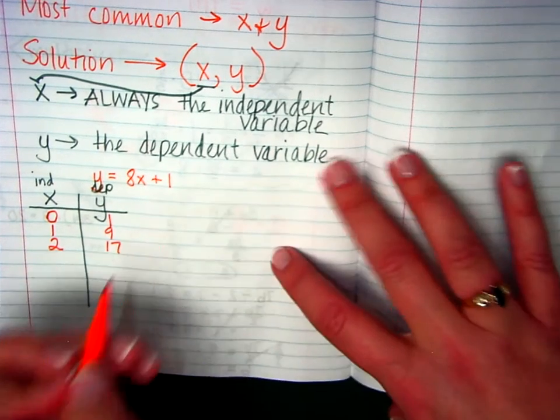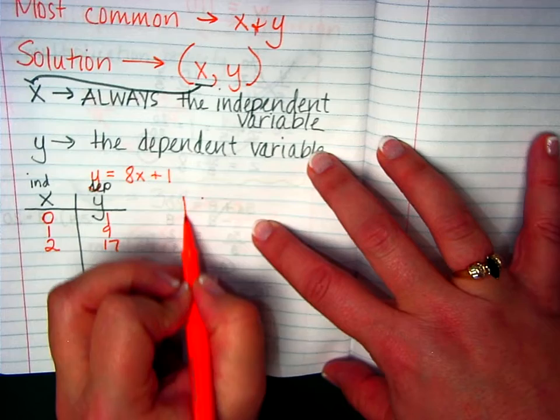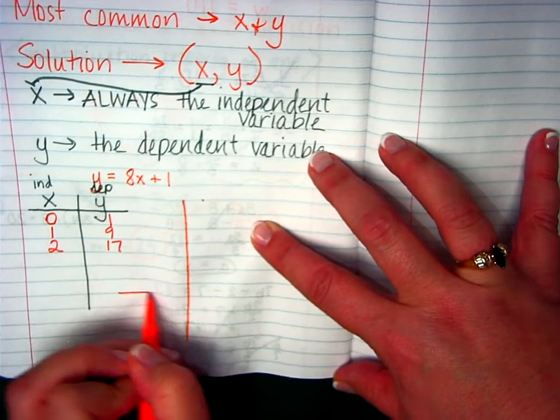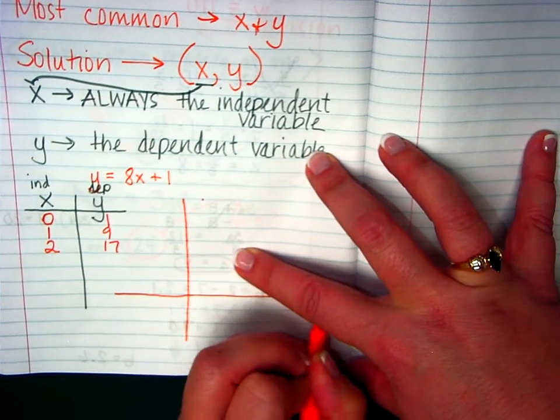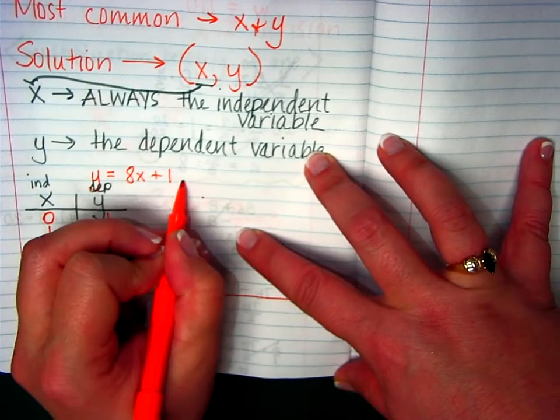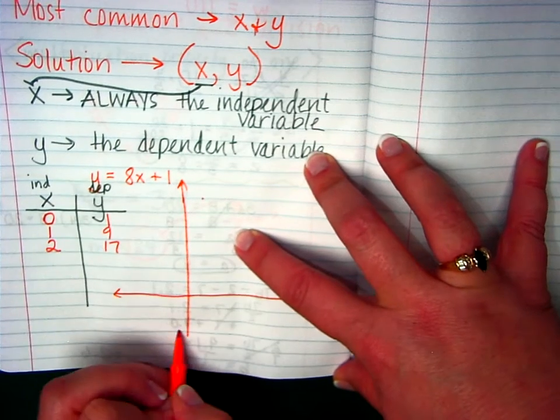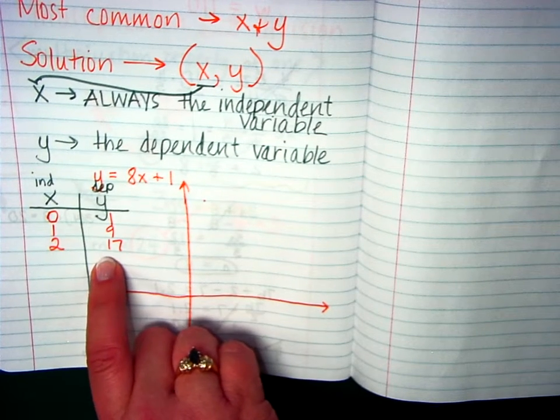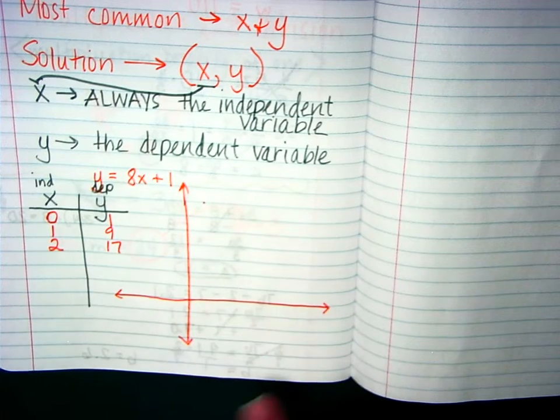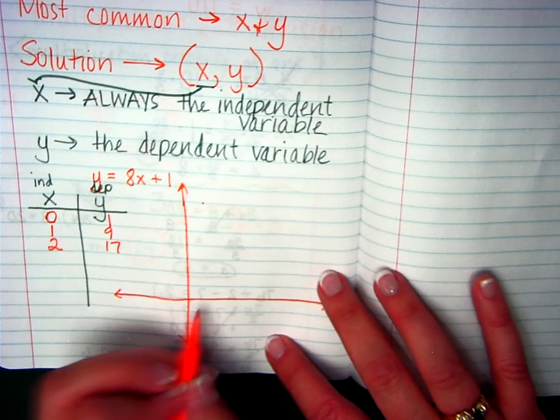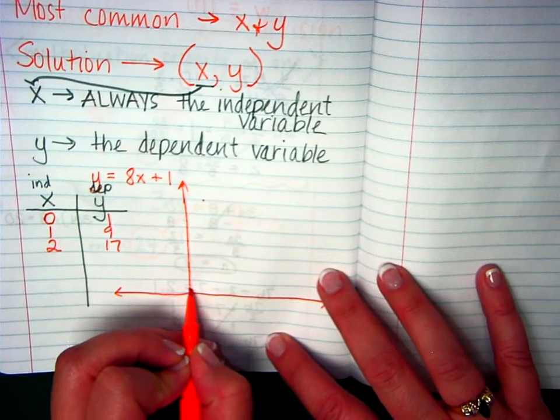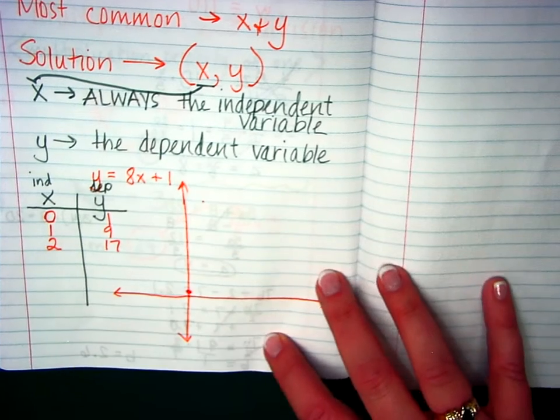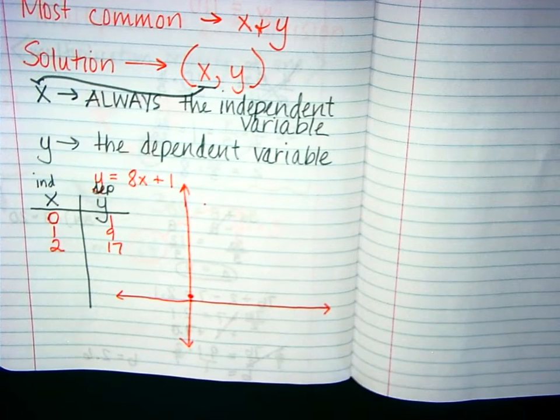Then I have to graph it, and I'm going to let the first quadrant be the largest, because I noticed that all of my points fall in the first quadrant. They're all positive. So I'm at 0 and I go up 1, but I'm not going to go up very high for 1 because I have to go all the way up to 17.